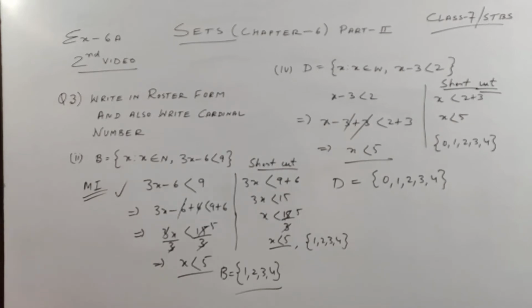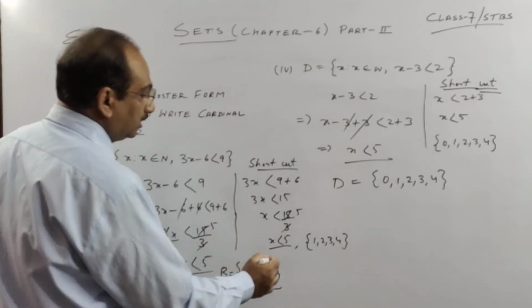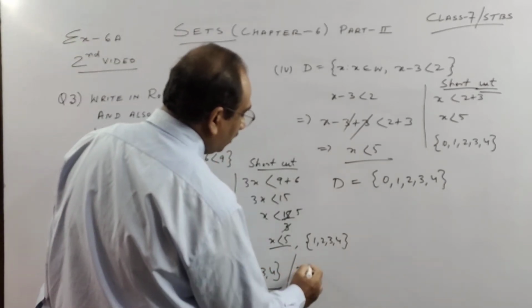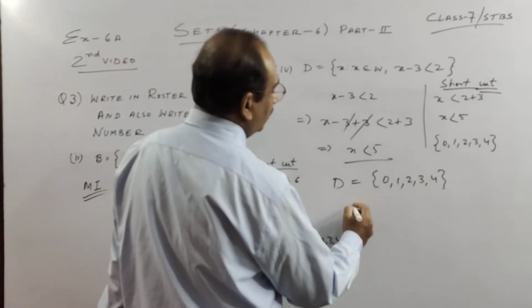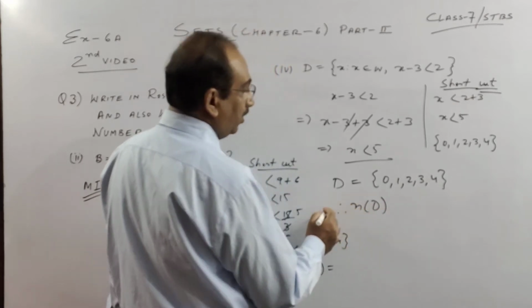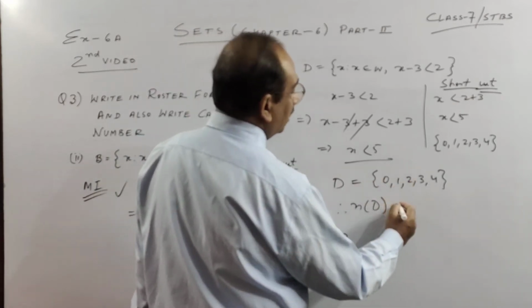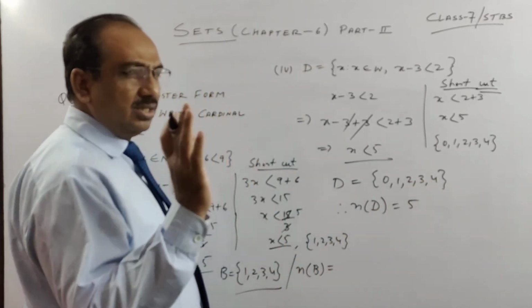One thing you have to see: this question is also asking for the cardinal number. Cardinal number means the number of elements in the set. This is how we write it. Over here you see, first the number of elements in D. Therefore you count 1, 2, 3, 4, 5. So how many elements are there? 5. Cardinal number means how many elements; what they are is not important.